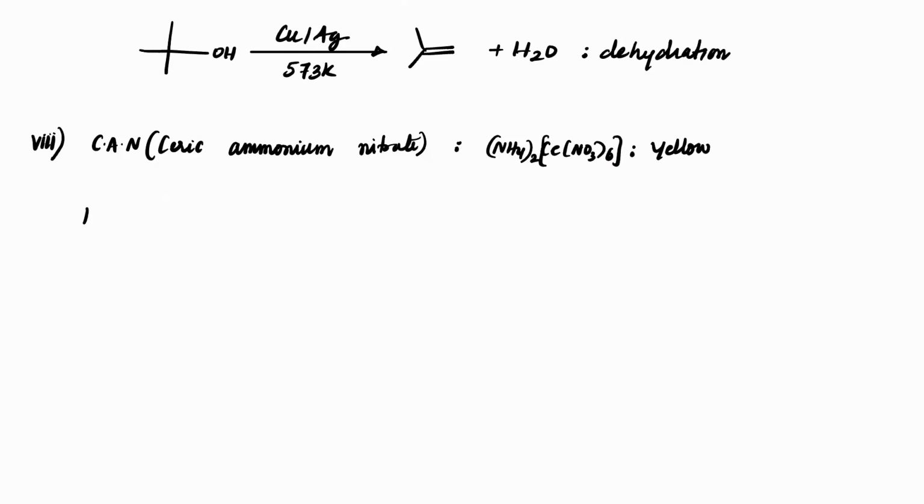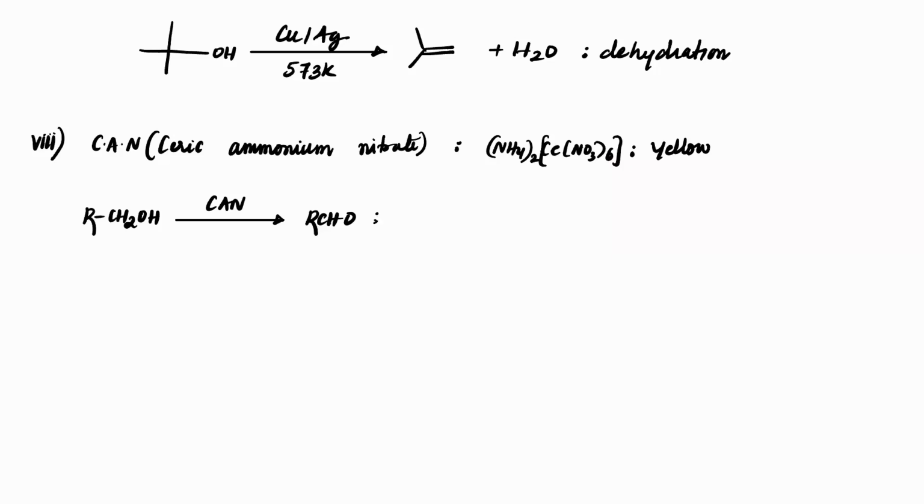What we do is take an alcohol, RCH2OH, and react it with this CAN. This will convert it into an aldehyde form.